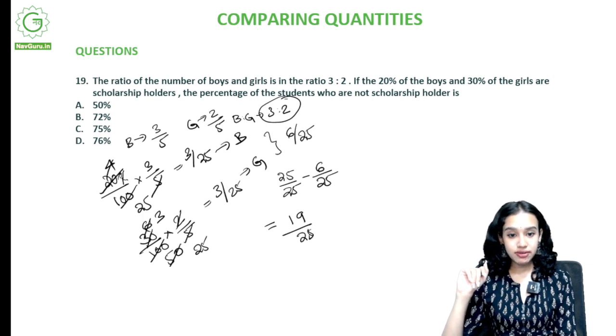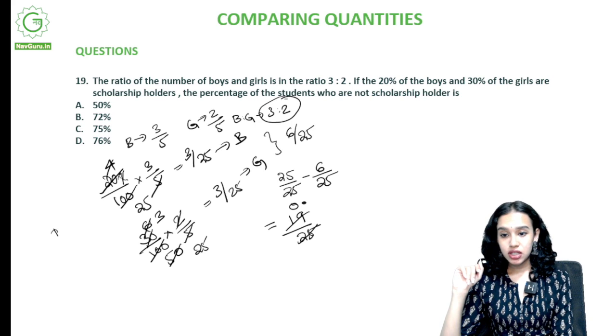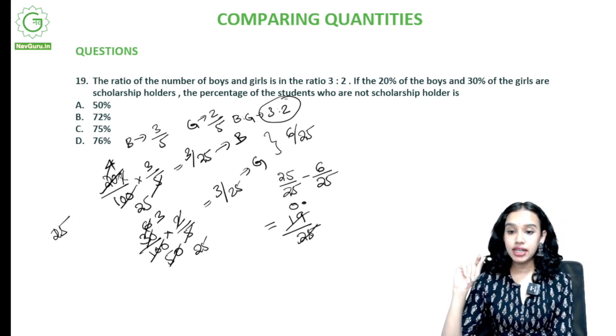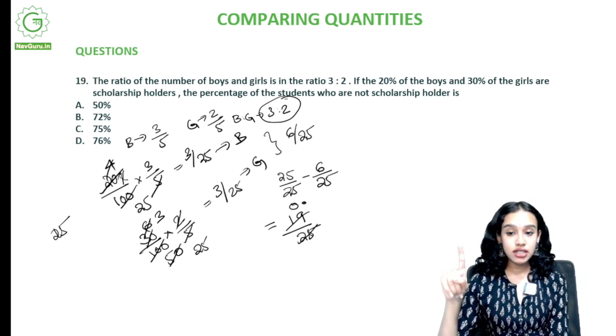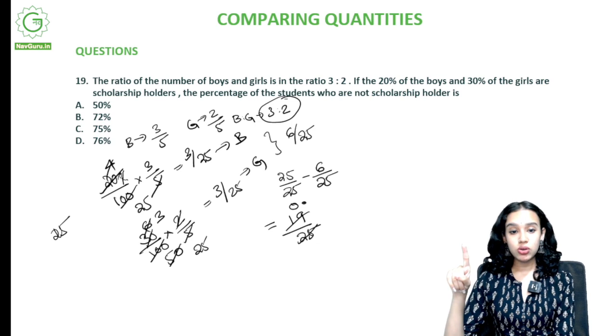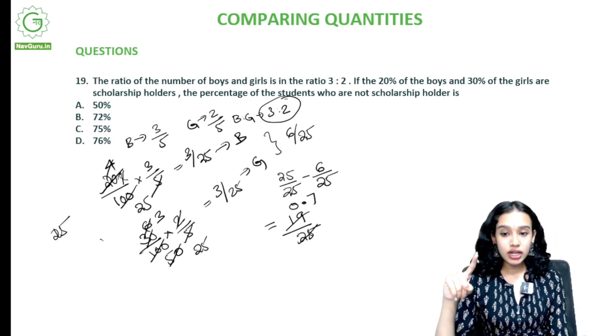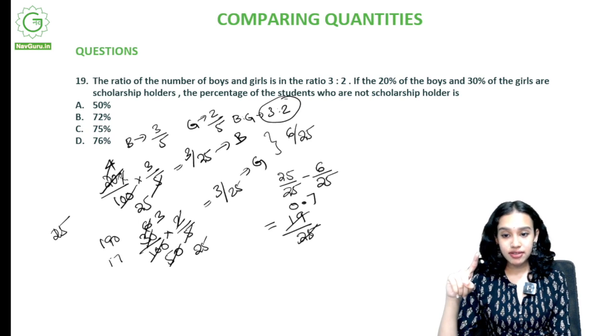19 by 25. So let's divide this. We get 0.190, in 190. So 25 into 4 is 100, 25 into 5 is 125, 25 into 6 is 150, 25 into 7 is 175. So we get 7 and 190 minus 175.